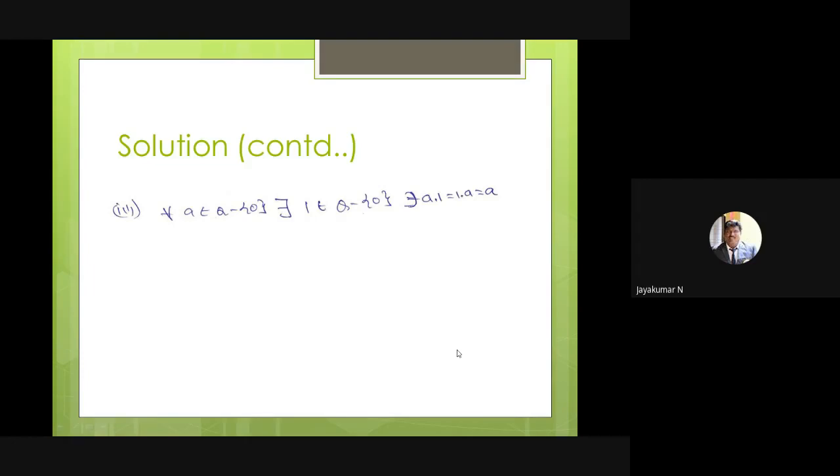Only 0 by 0 I cannot cancel, but A is non-zero. So for every A belonging to Q minus 0, the element 1 belongs to Q minus 0, such that A dot 1 equals 1 dot A equals A. Therefore the identity axiom is satisfied. In other words, write A dot E equals A, simplify, and finally you get E equals 1. E equals 1 belongs to Q minus 0, so the identity axiom is satisfied.